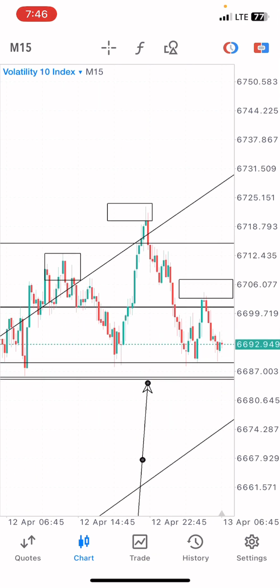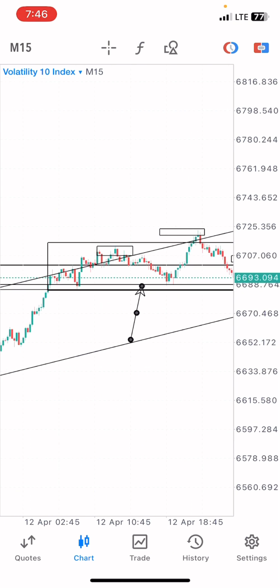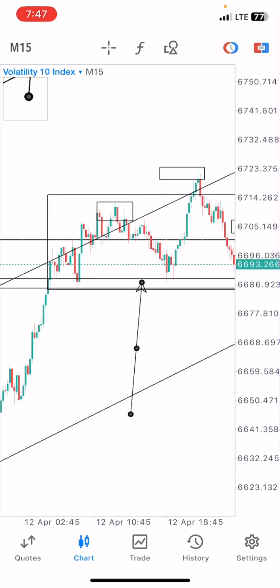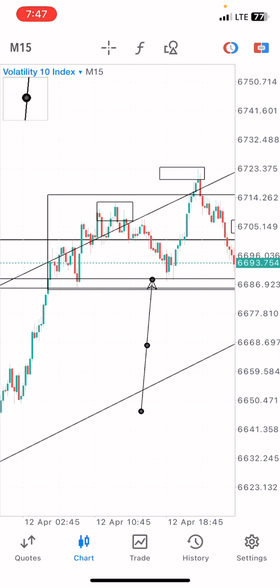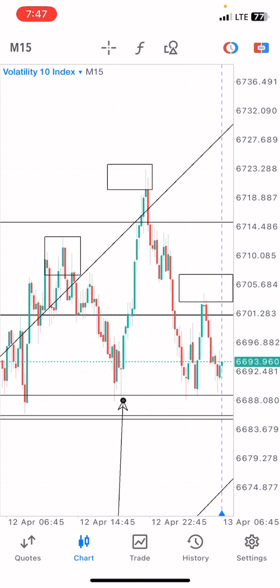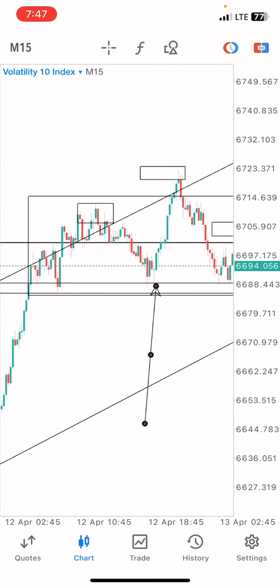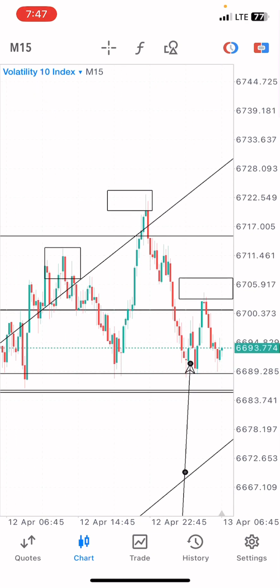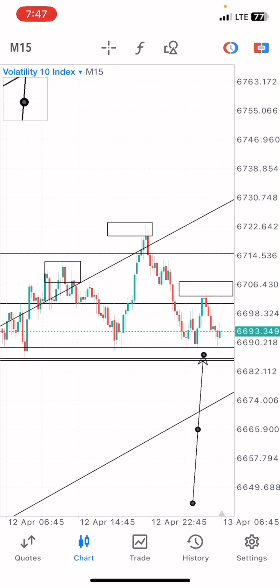You can see this neckline has been a very important level, we can call it the key level, because you can see price reacting to this point, with multiple reactions whenever price gets to this level. So until we get a breakout of this particular level, we'll be looking for a nice sell opportunity.